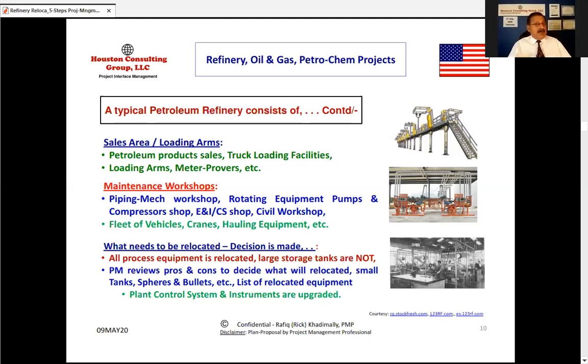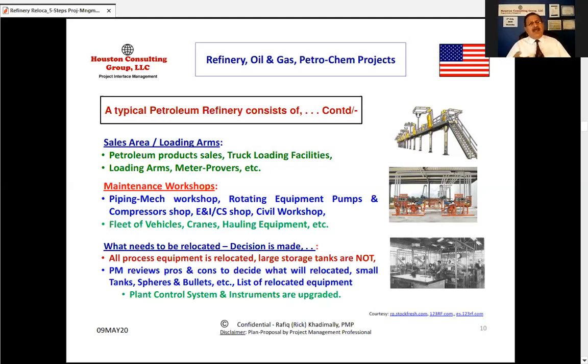Large storage tanks will not be relocated. The project manager reviews the pros and cons to decide what will be relocated, small tanks, spheres, and bullets, etc. And then they have a list of relocated equipment that has got to be made.